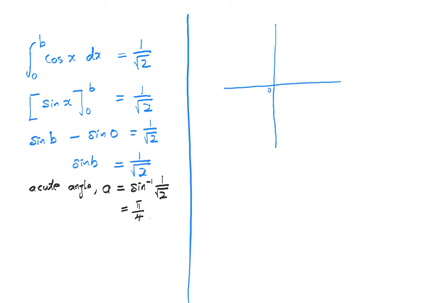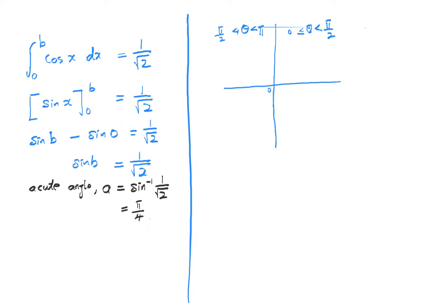If the angle is between 0 and pi by 2, that is called the first quadrant. If the angle is between pi by 2 and pi, sorry, then this will be considered as the second quadrant.